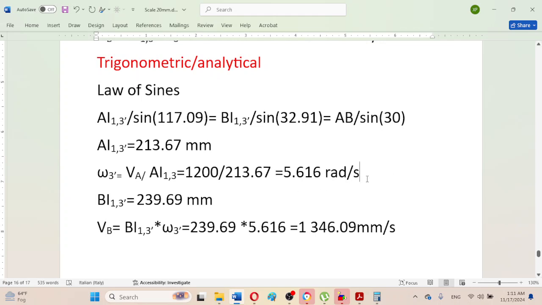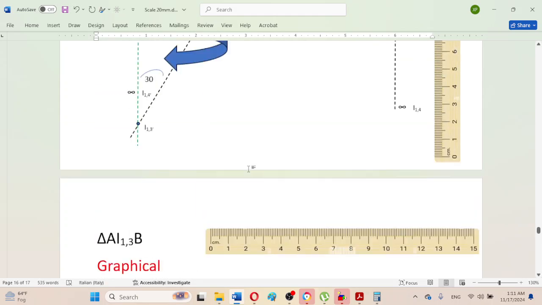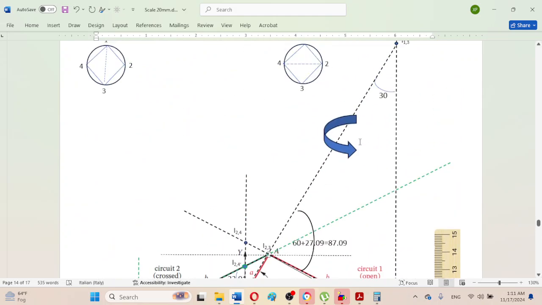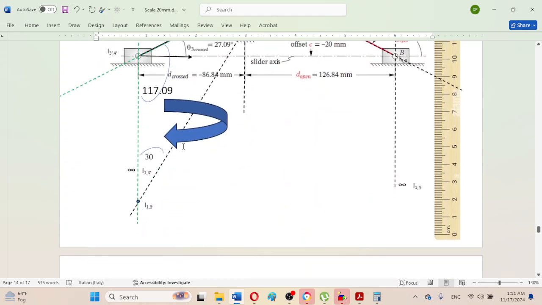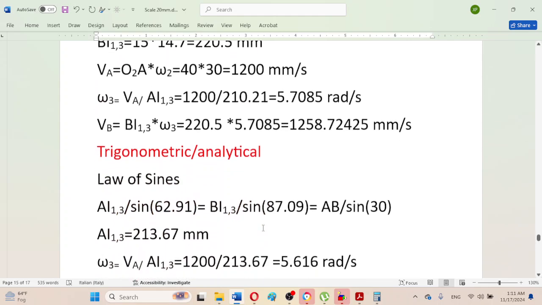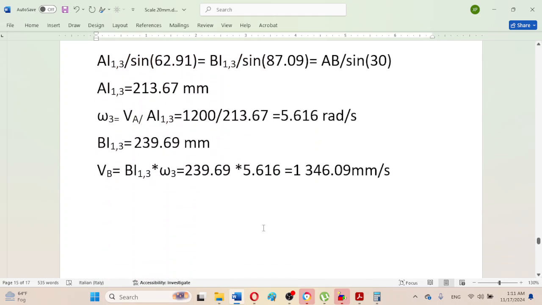The direction is actually clockwise. In this case, magnitudes for the connecting rods for both the cases are the same, but the directions of the angular velocities are different. In the other case, it was positive or anti-clockwise, but in this case it is clockwise. So the magnitudes of angular velocities are the same, but the directions are opposite.